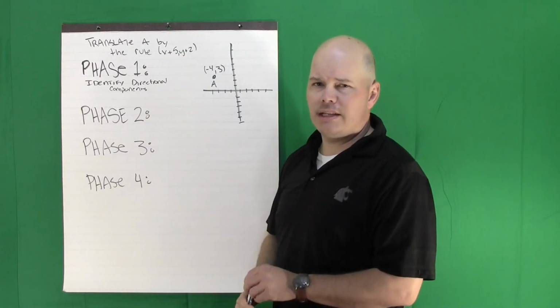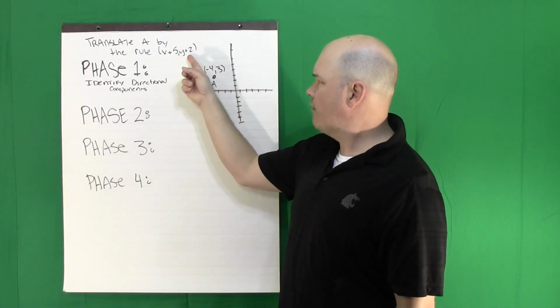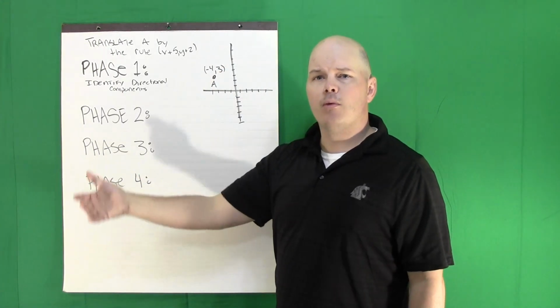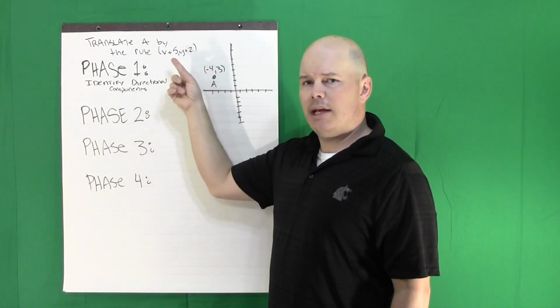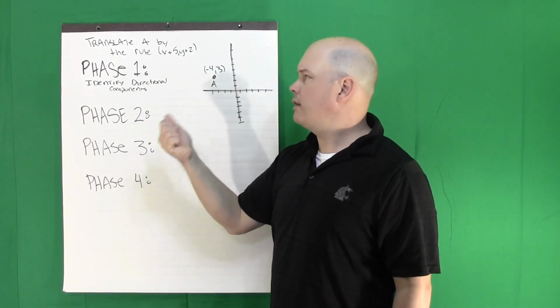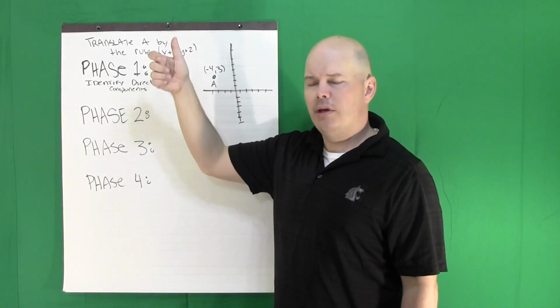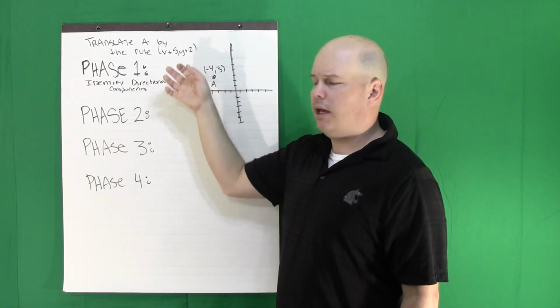I have a plus sign after my x, that's my directional component, and I have a plus sign after my y. That's my directional. Now, from our quick review, if we remembered, if it says x plus, that means I'm moving to the right, and if it says y plus, that means I'm moving up. So I'm moving 5 to the right and 2 units up.